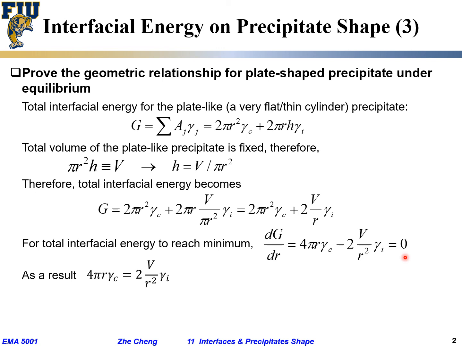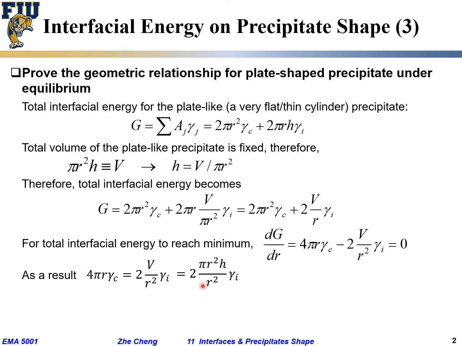2 pi r gamma c equals what? 2 times V divided by r squared, times gamma I. And again, don't forget, V is what? V is a constant, but in this particular case it is just the area, pi r squared, times what? h.